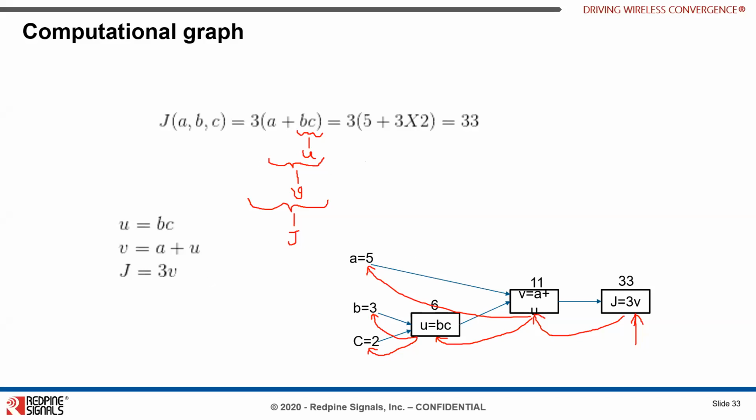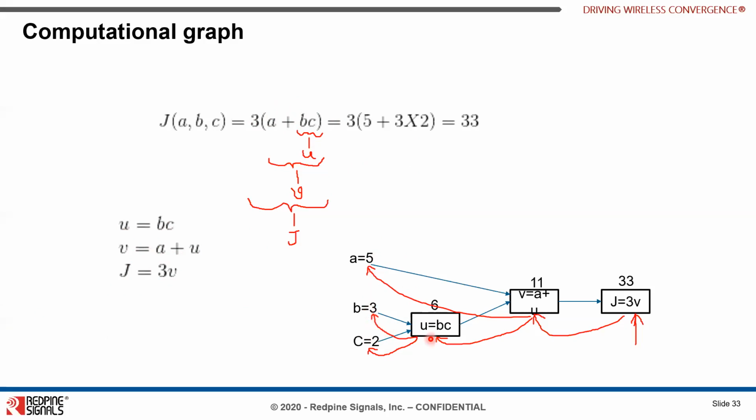Let me use this laser pointer. So V is basically A plus U, because already I told you B into C is U. And J is 3 into the entire thing, that is 3 into V, because V is this entire thing. So U equals B into C, V equals A plus U, J equals 3 into V. Let us assume that A equals 5, B equals 3, and C equals 2.